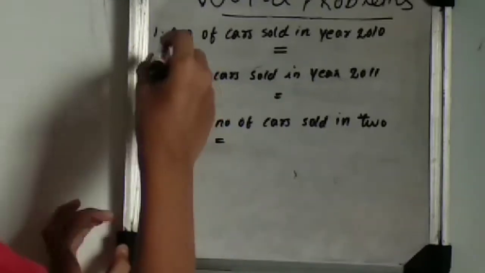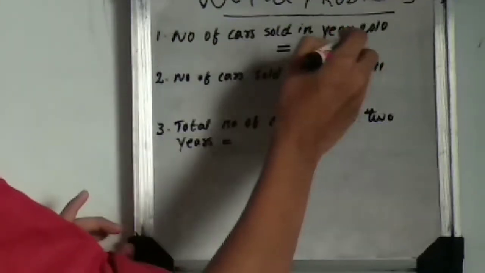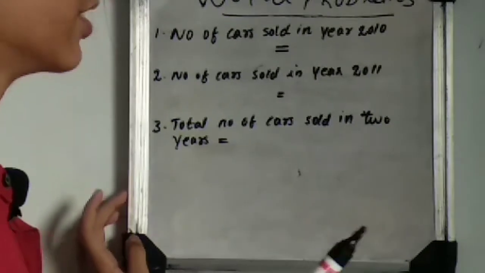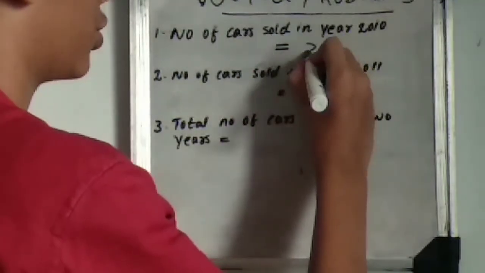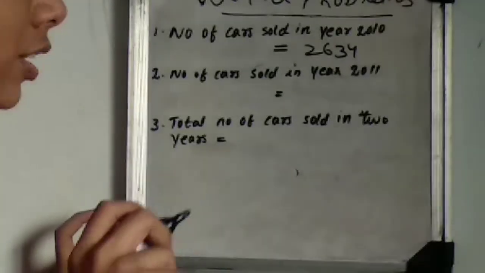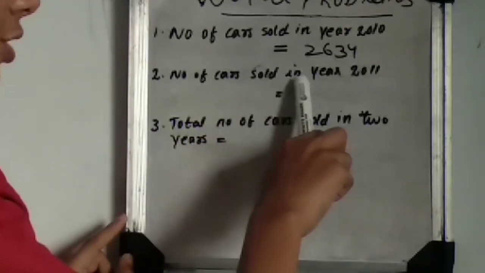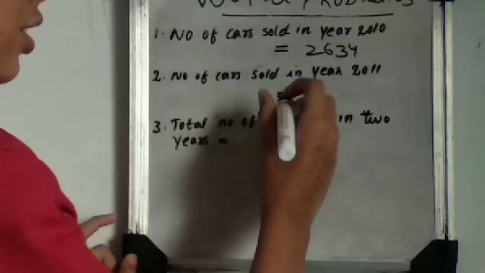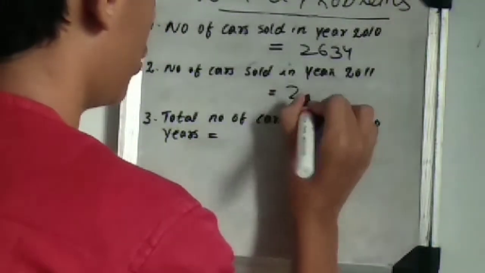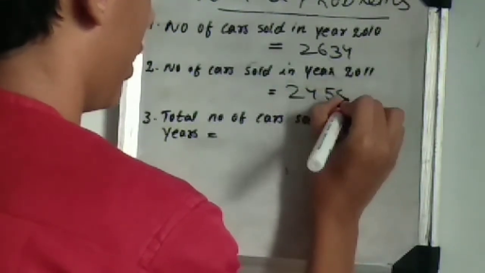The first step is like this. Number of cars sold in year 2010: in the year 2010, the number of cars sold was 2634. Next step, the number of cars sold in 2011: the number of cars sold in 2011 was 2458.